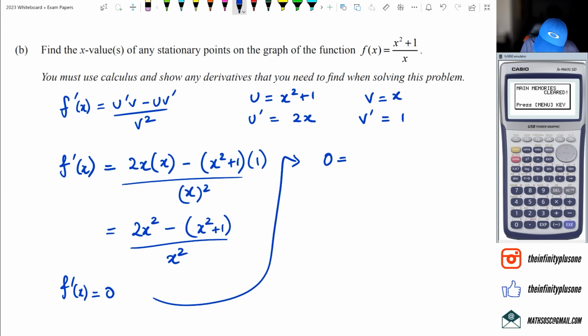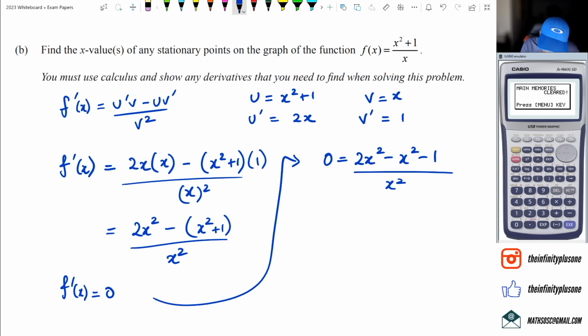So 0 is equal to 2x squared minus (x squared plus 1). Might as well take it out of the brackets, so it's going to be minus x squared minus 1. And of course that's all divided by x squared.